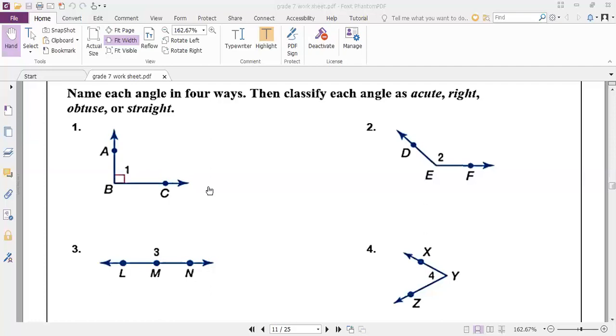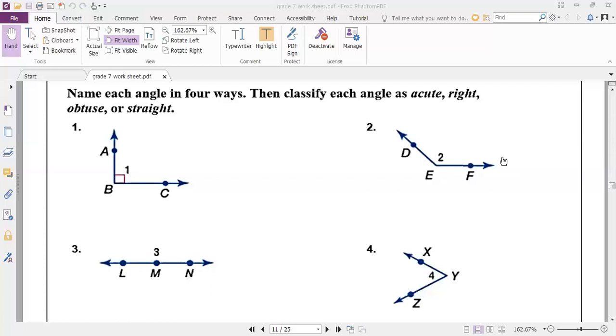In the second shape, this angle is greater than 90, maybe 91, 92, up to 179.